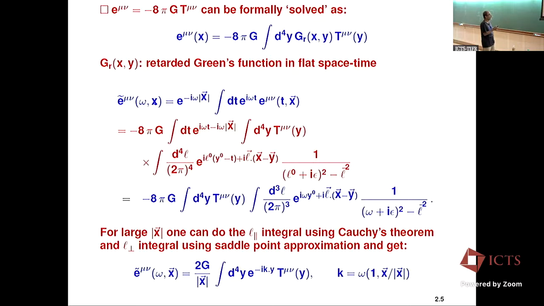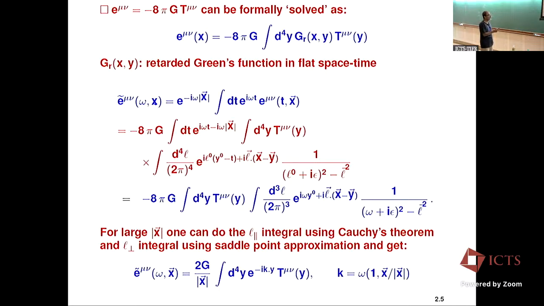This should be vector x; I think there's some typo here. So you are looking at the time Fourier transform of this function E mu nu. Okay, so this is the definition of the time Fourier transform. And now to analyze this, we substitute for E mu nu this expression over here. Okay, so that's done in the second line here.